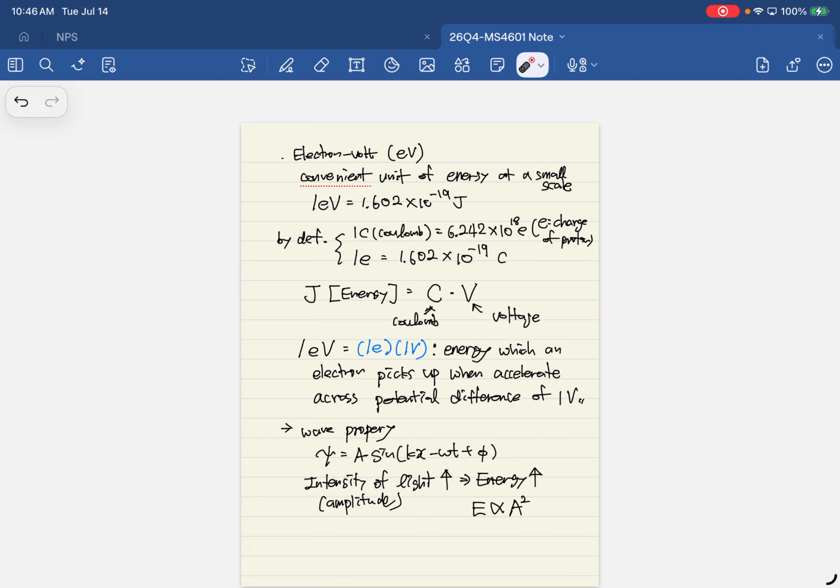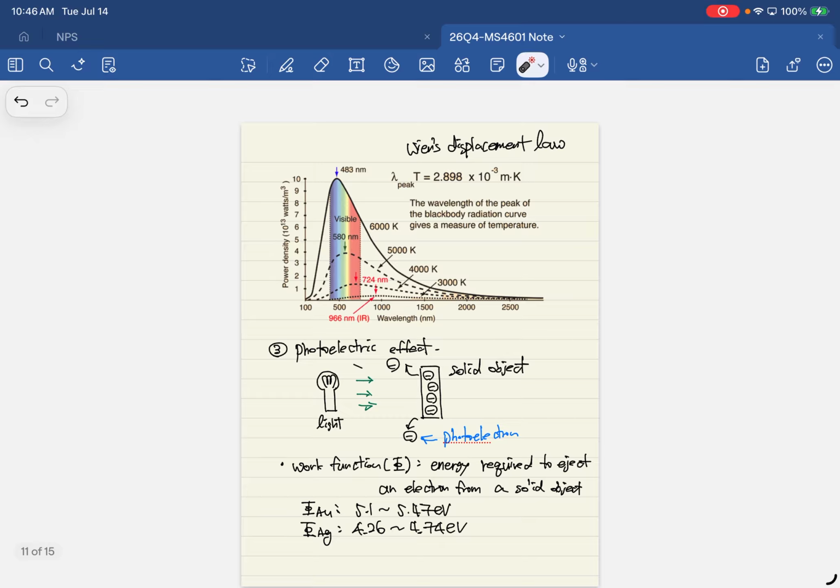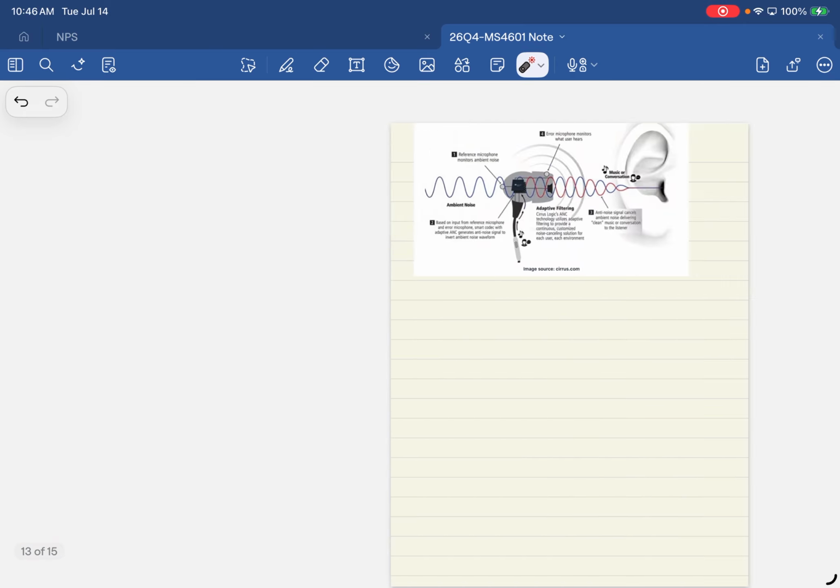But when they increased the amplitude to increase the incoming energy, they still could not generate photoelectrons. This is what they found experimentally.